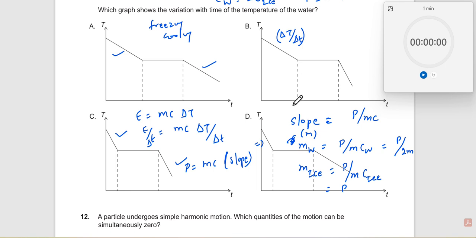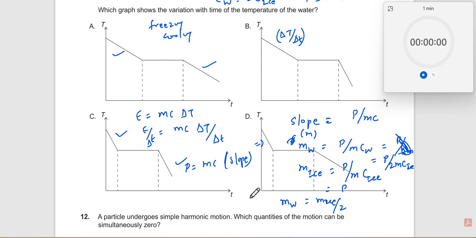I will just erase this. Or maybe I will just strike it off here. And this P divided by 2MC ice over here. Okay, I have written the slopes in a similar way. Or in other words, comparing these two, I can now write m water is equal to m ice divided by 2, which means what? Water slope is lesser, ice slope is larger.